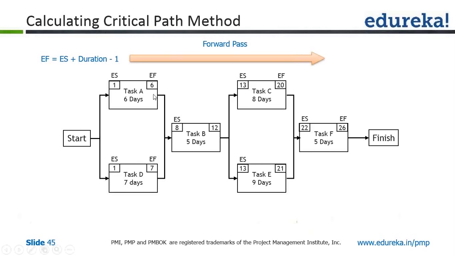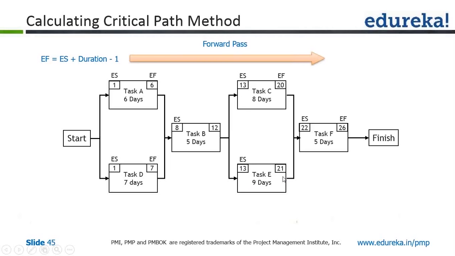Finish of B will kickstart C and E. Since B is getting over on the 12th, tasks C and E will both start on day 13. Task C, having a duration of 8 days, will get over on day 20. Task E, having a duration of 9 days, will get over on day 21.